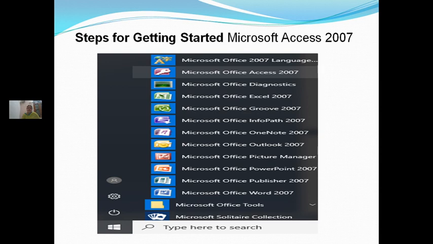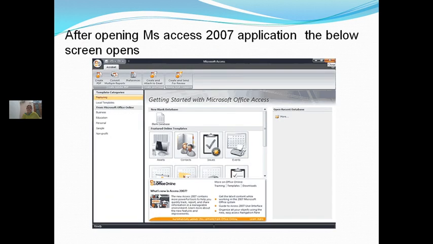So when you click on Microsoft Office Access 2007, we get a screen like this. Okay, students, see, Microsoft Access is the application name, and we have a screen like this when you open Microsoft Access 2007.